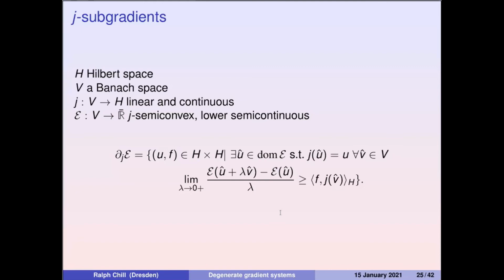And we change the definition of subgradient. Although the energy is defined on V, the subgradient is an operator on H, so still couples pairs (u, f) in H, but u has a pre-image û in the effective domain of E. And the directional derivative of E at the point û can be estimated from below by a linear function, but now on V, and here a J also appears on the right-hand side.